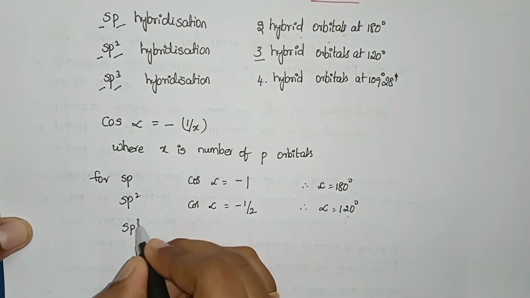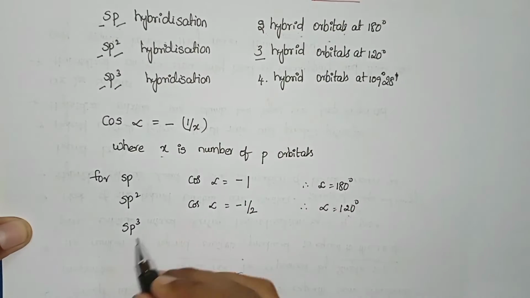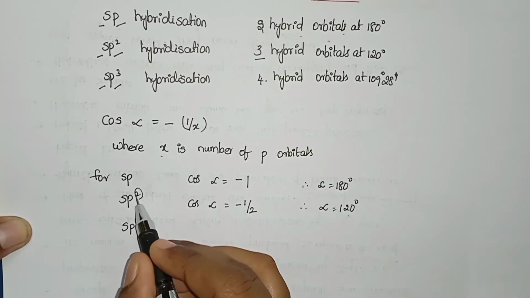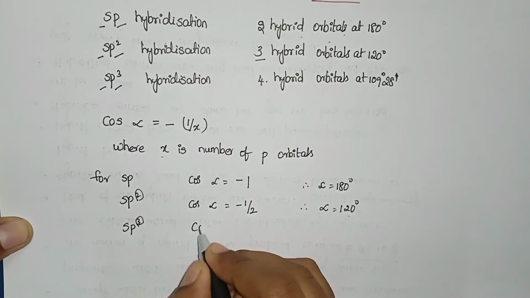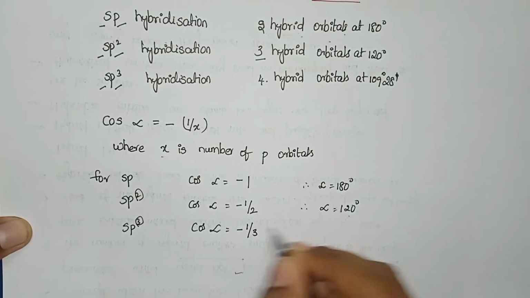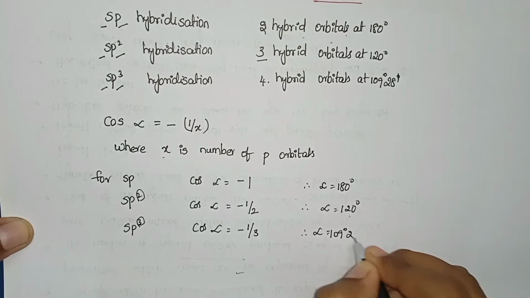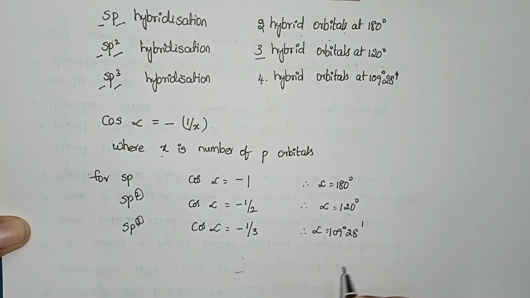For sp3, x is 3, cos θ is minus 1 by 3, angle 109 degrees 28 minutes.